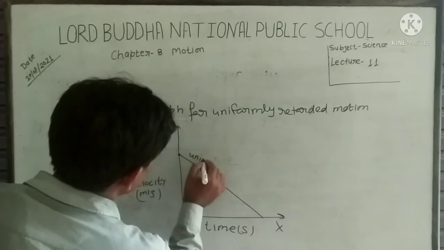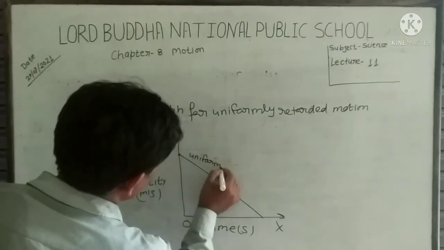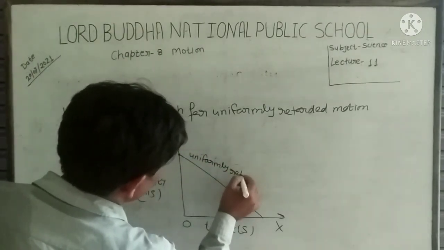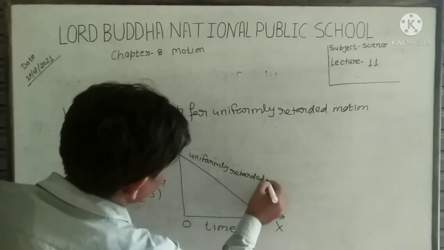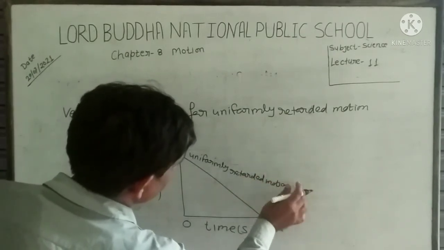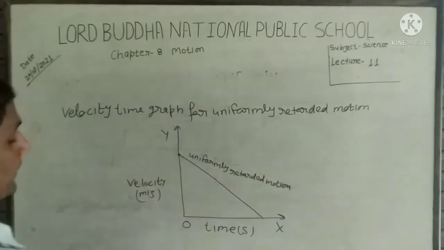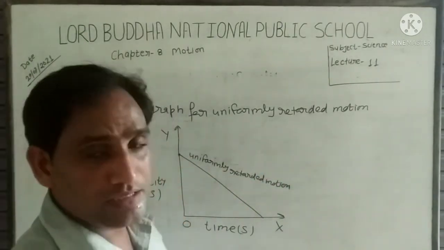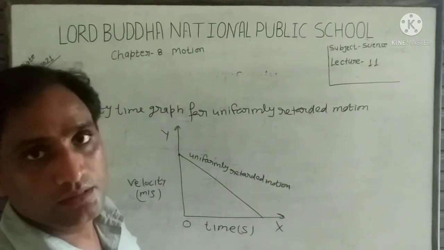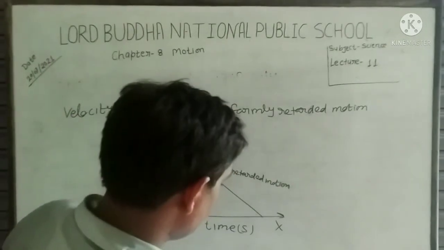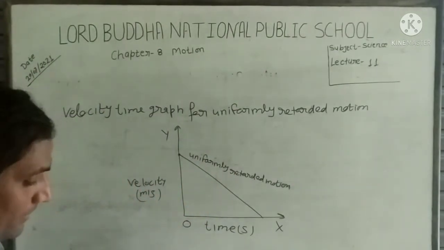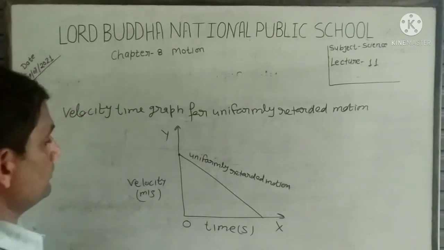This shows uniformly retarded motion. Okay. The velocity time graph for non-uniformly accelerated motion.